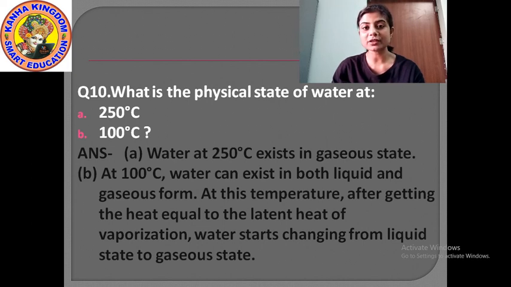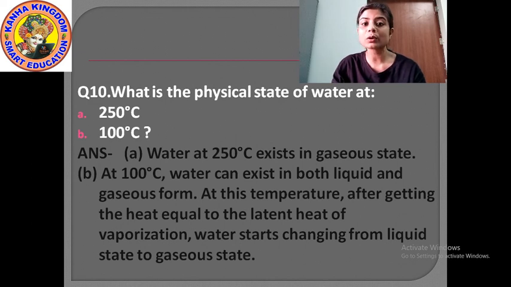If the temperature increases above 25 degrees to 100 degrees Celsius, the liquid changes its state to the gaseous state, because when we increase the temperature of a liquid, it evaporates and turns into gas.